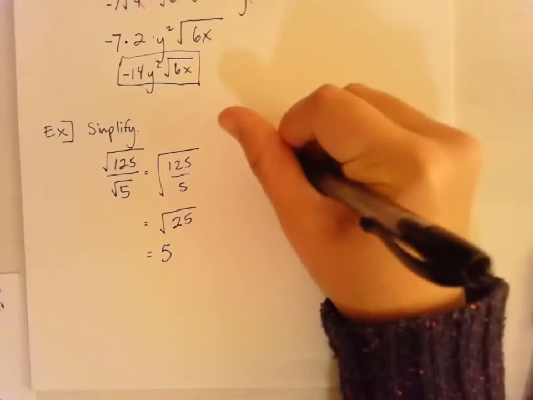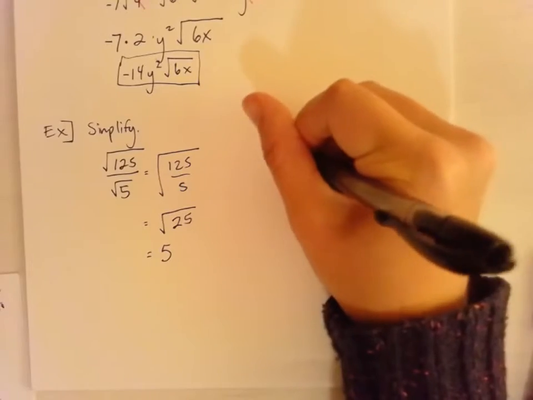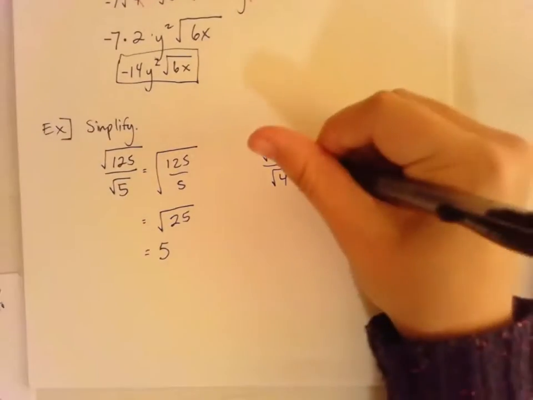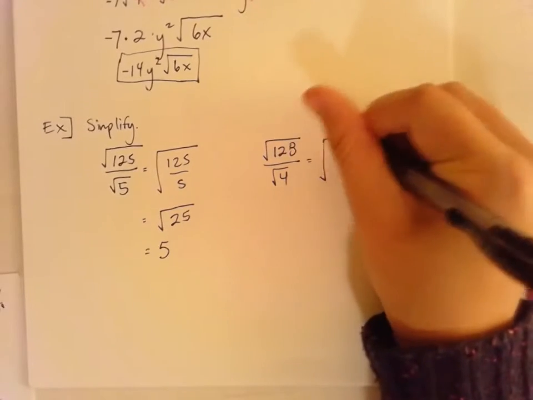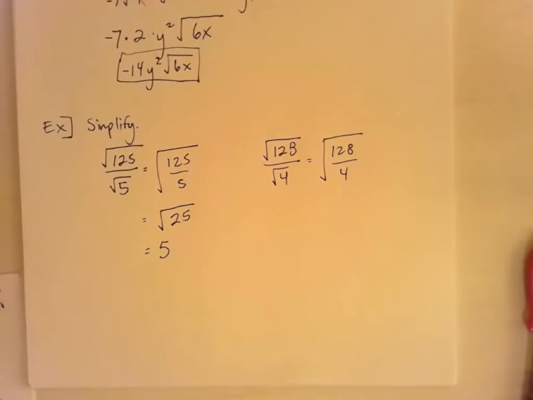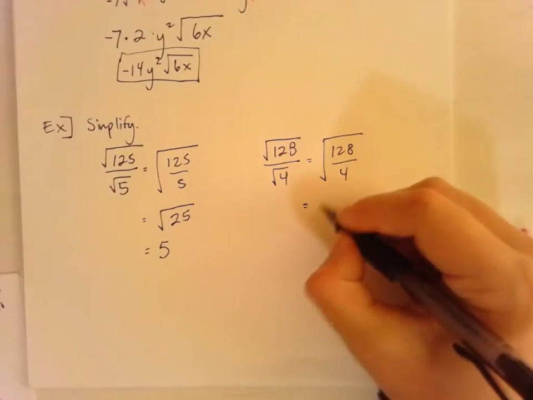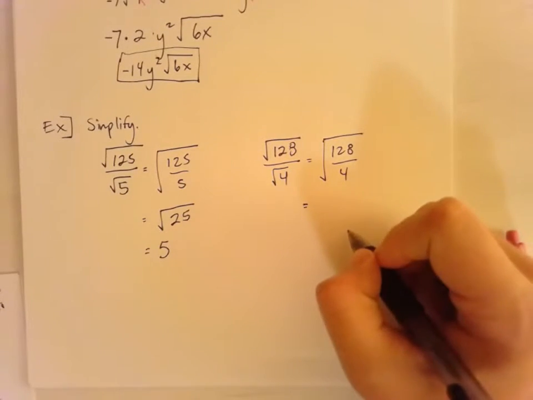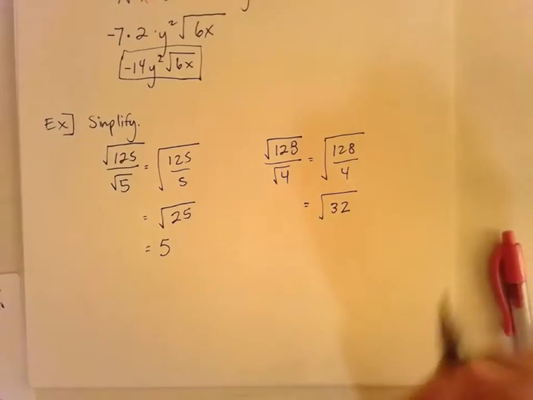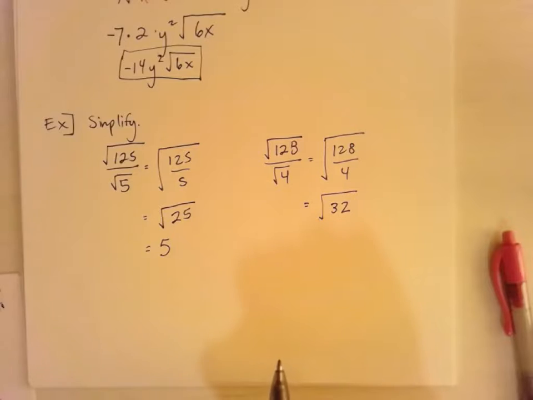Let's say I start with radical 128 over radical 4. Once again, my first step is one big radical and one fraction. I take care of my division. 128 divided by 4 gets me 32. So I have radical 32. And now I can simplify this.